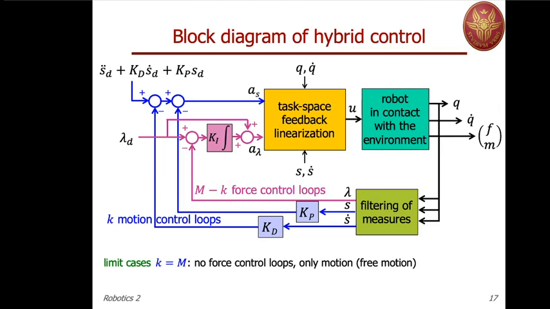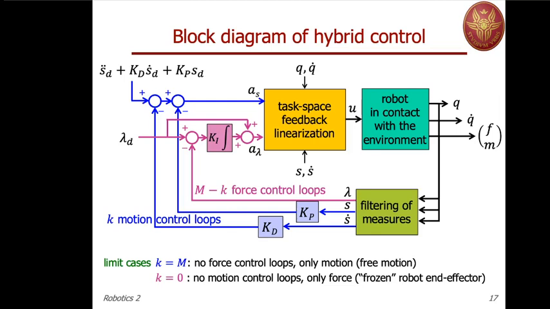So the task frame will be the natural frame associated to the end effector, no need to specify it. And along each direction, you will impose in a decoupled and linear way the desired motion. So the limit case when K is equal to M is free motion and the control that we have seen in the Cartesian space.